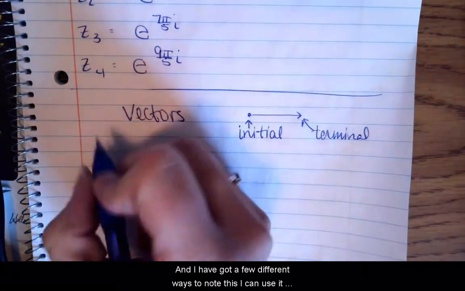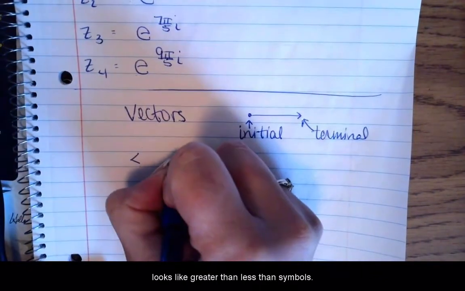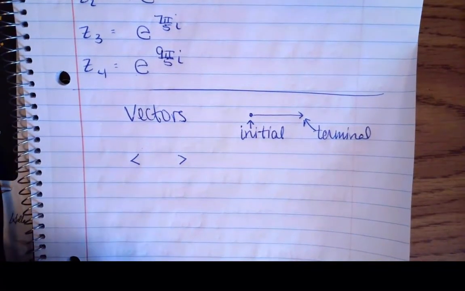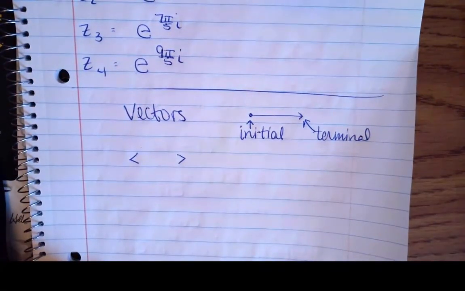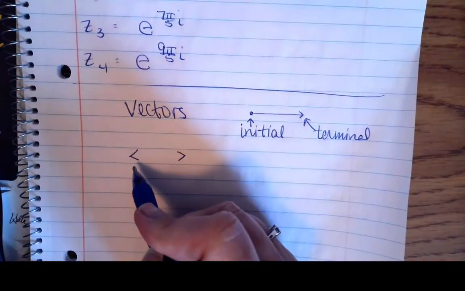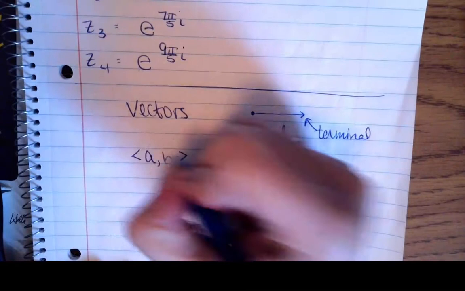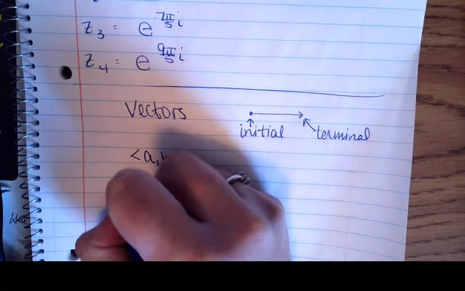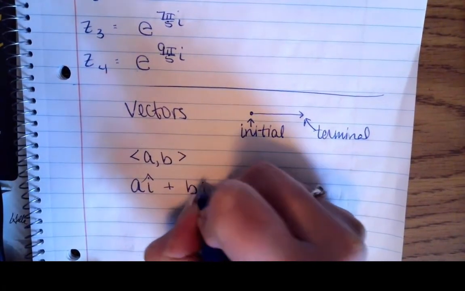Okay? And I have a few different ways to note this. I can use what looks like greater than, less than symbols. And just like XY coordinates, the first number you see will be a horizontal change, and the second number you see will be a vertical change. So I can use standard vector notation, which would just be a, comma, b, or I can use position vector, which would be a i plus b j.